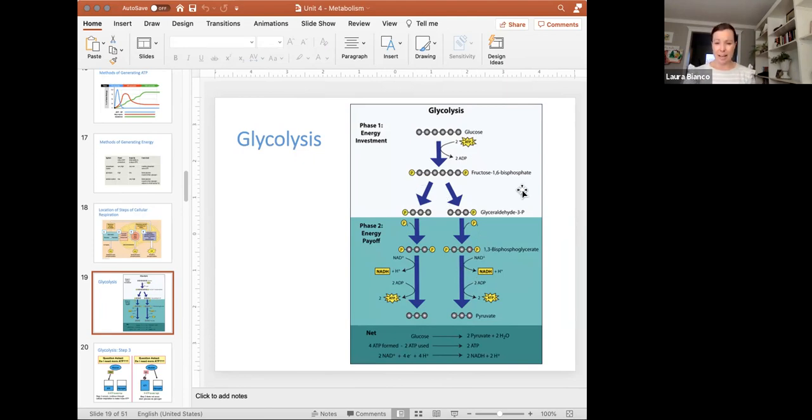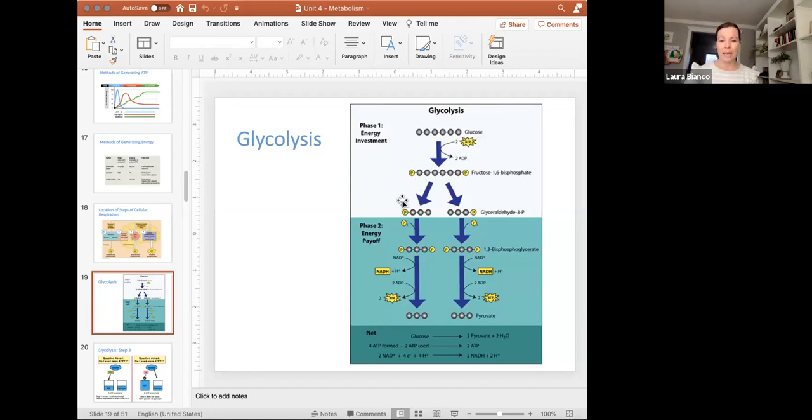During this process, to get it started, this says phase 1 and energy investment, because you actually have to use up 2 molecules of ATP to get this process going.